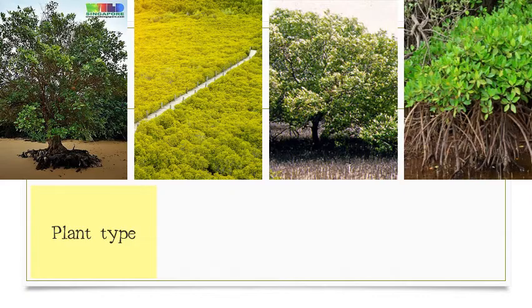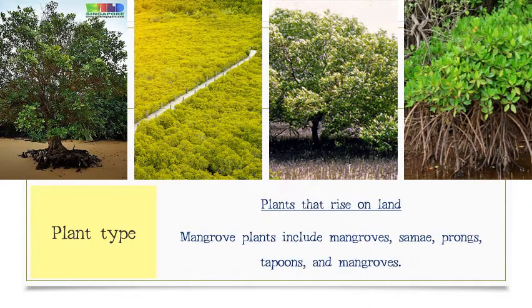Now another type of plants. These plants still grow on the land, but they like more water, like mangrove plants. That includes mangroves and other similar trees.